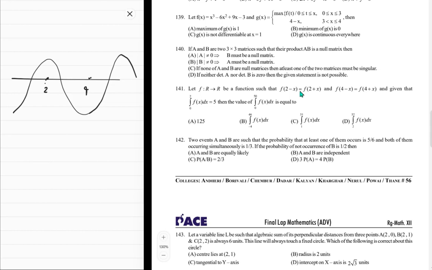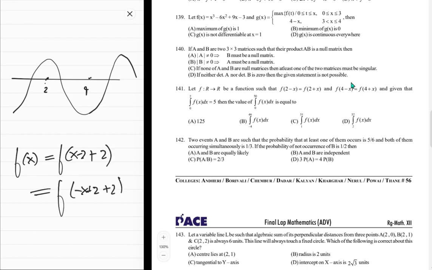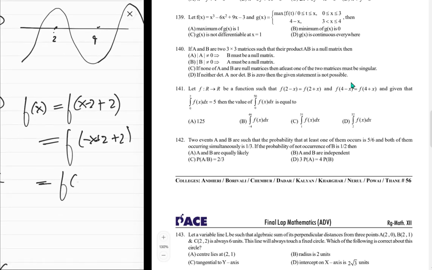So मुझे सिर्फ f of x चाहिए, so like f of x is equal to what? f of x minus 2 plus 2, isn't that right? We can of course write this as f of negative x plus 2 plus 2, and that's f of 4 minus x. But guess what's f of 4 minus x, it's f of 4 plus x. ये पीरियोडिक ही होगा यार क्योंकि इन्होंने प्रूव ही कर दिया कि इसका एक पीरियड तो एटलीस्ट 4 है.